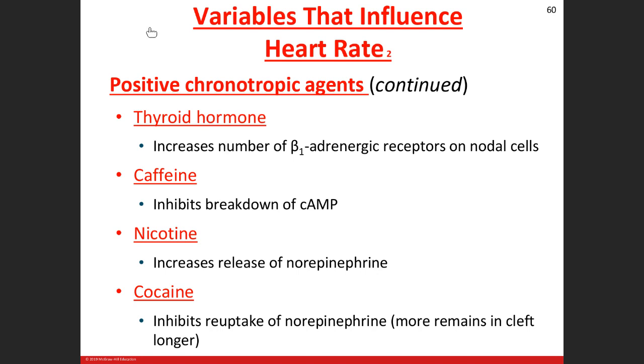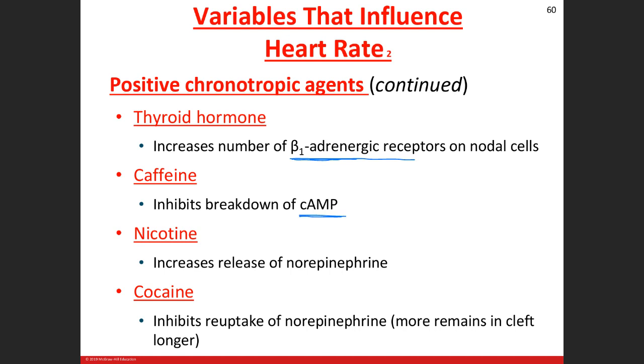All right, so again, you can see thyroid hormone is going to help upregulate or increase the number of our beta-1 adrenergic receptors. So then we can activate more G proteins in that case. It helps to decrease or inhibit the breakdown of cyclic AMP, so we have more of that floating around in the cytosol.